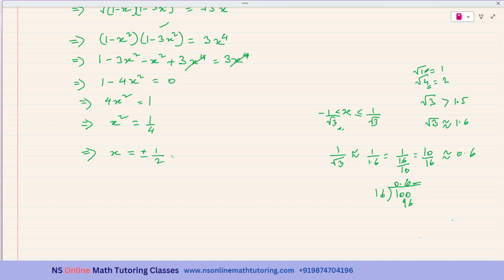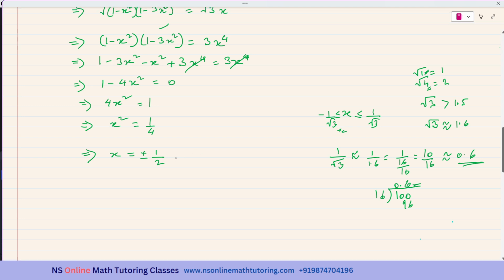So half is definitely less than, half is what? 0.5 is definitely less than 0.6. And negative half, that is negative 0.5, will be definitely more than negative 0.6. So we have got two values of x which lie within the given domain.